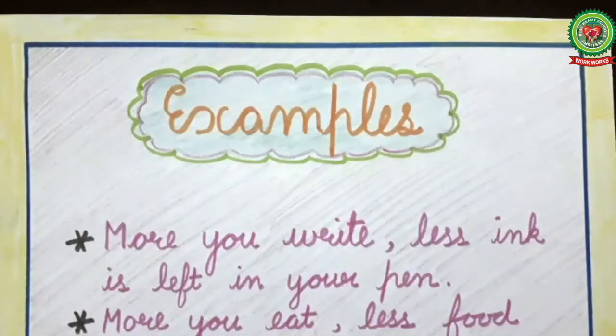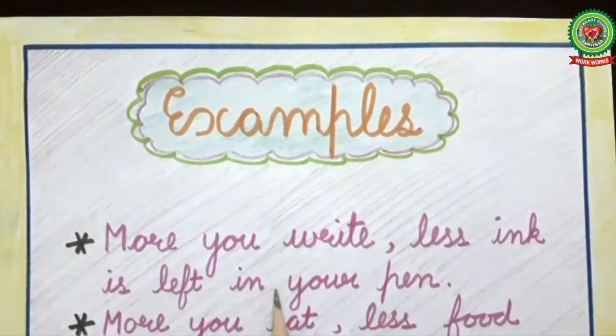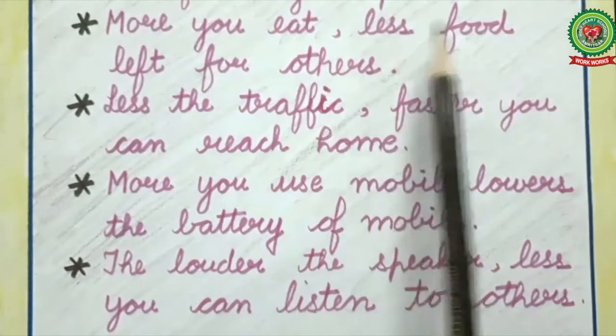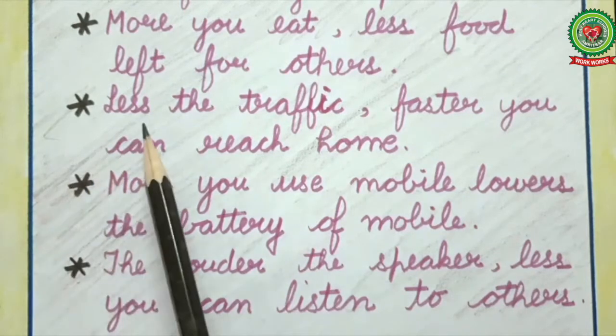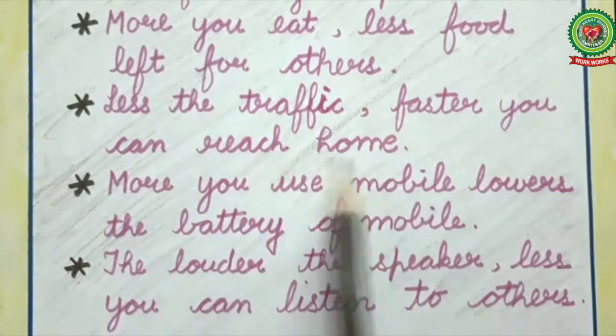Now, let's think about some more examples of indirect variation. First one is, more you write, less ink is left in your pen. It's obvious. More you eat, less food left for others. Of course, it happens as usual. Another one is, less the traffic, faster you can reach home.